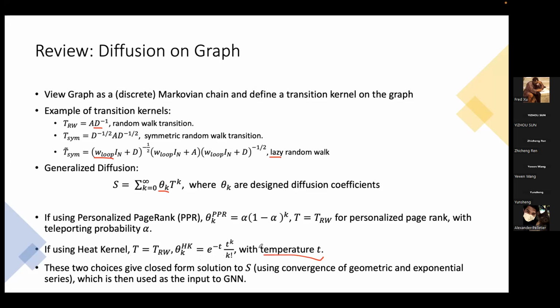One interesting question to ask is, what happens if k goes big? In all these cases, when k goes big, the diffusion coefficient should be very small, because we should care about the short-range interactions more than the long-range interactions. The long-range ones, if they're too far away, shouldn't affect your node too much.